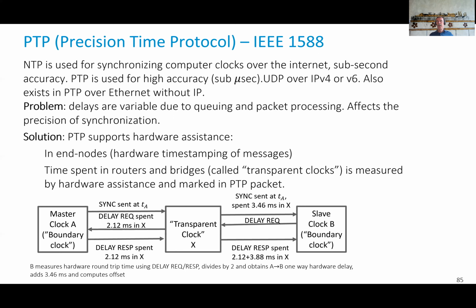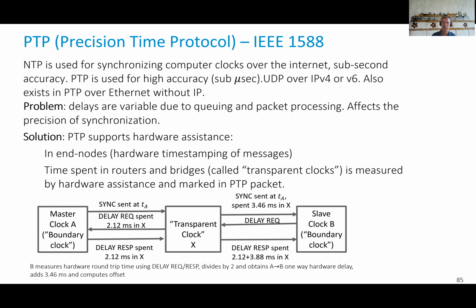Now, of course, you could say, let's give higher priority to the PTP messages, which is typically what is done. But even then, you cannot guarantee that there are not several PTP messages that would be competing. So the trick that is used is to require that the switches, if they support PTP, time everything. They measure accurately the time spent by a message through the system.